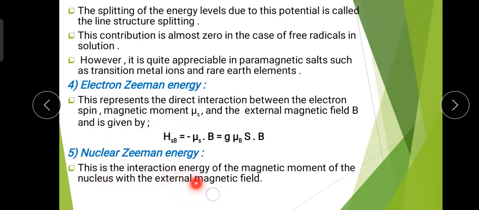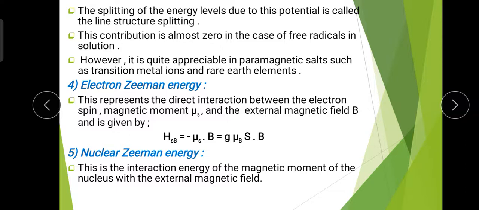This is the interaction energy of the magnetic moment of the nucleus with the external magnetic field. As we already considered the electron Zeeman energy, where only the interaction between the electron spin and the external magnetic field was considered, in the nuclear Zeeman energy we have to consider the magnetic moment of the nucleus and the external magnetic field.